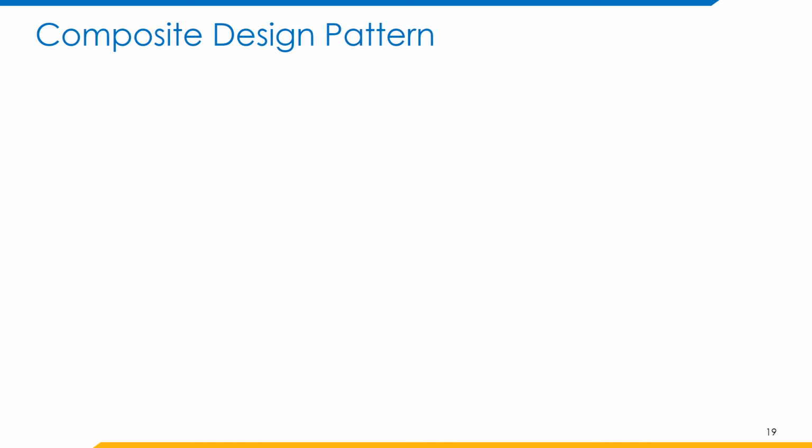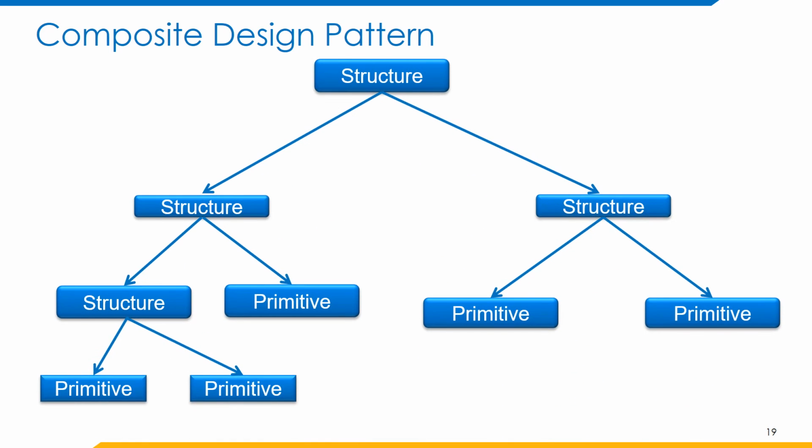Sometimes with the help of primitive data and another structure we'll create one structure. Here a structure has two substructures, and that is a combination of multiple primitives, or primitives and a structure.